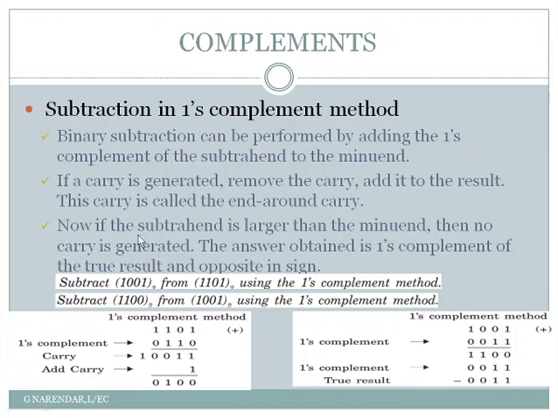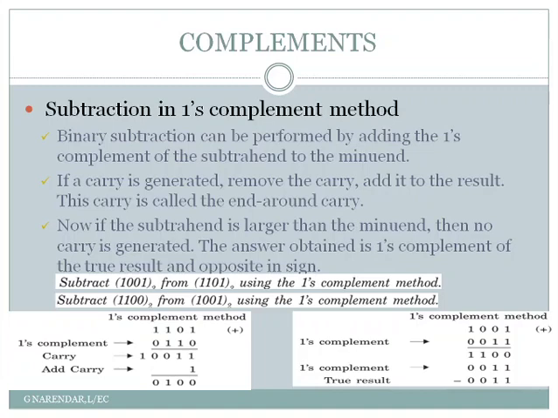Now, this usually happens if the subtrahend is less than the minuend. The carry is generated when the number that is going to be subtracted is less than the number from which we are going to subtract. That means the subtrahend is less than the minuend. In the other case, if the subtrahend is larger than the minuend, then no carry will be generated.